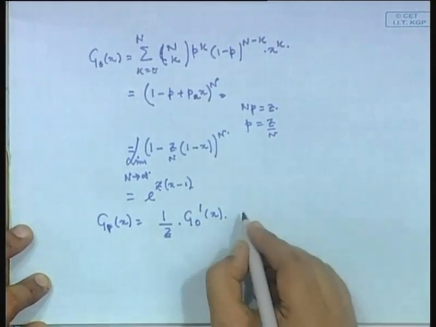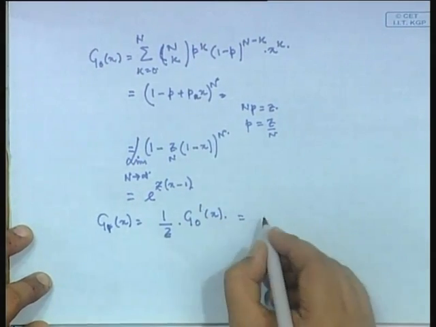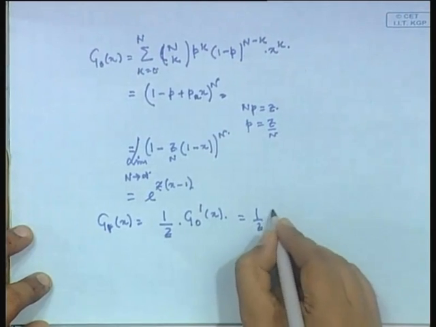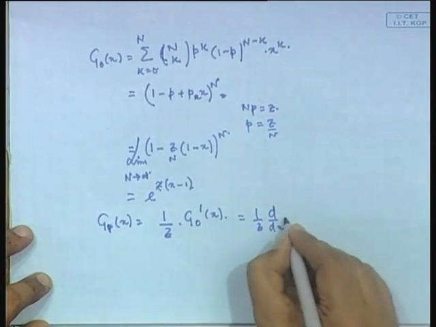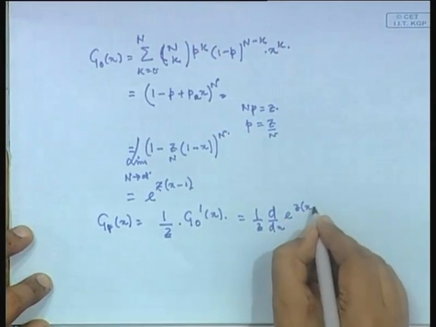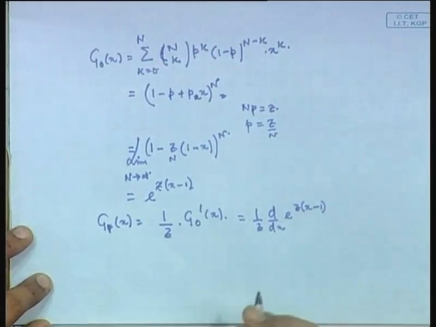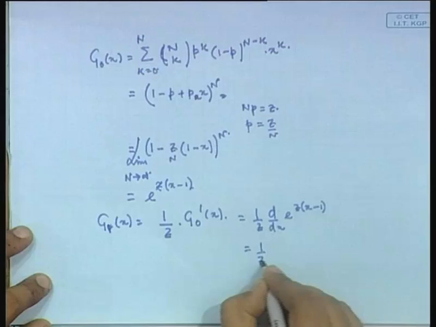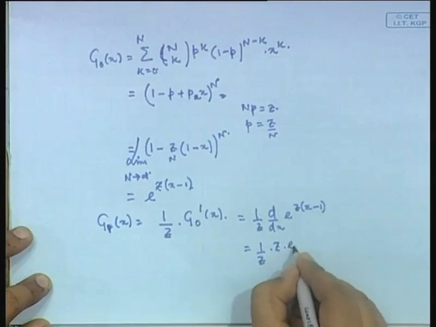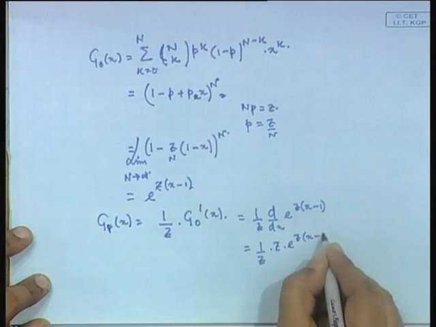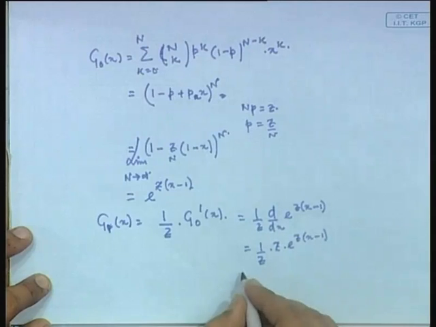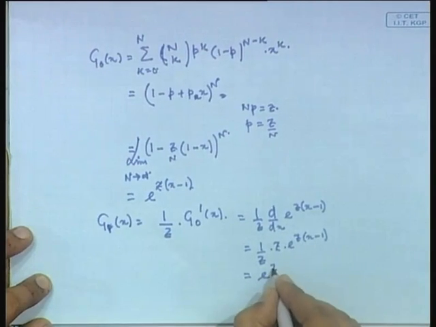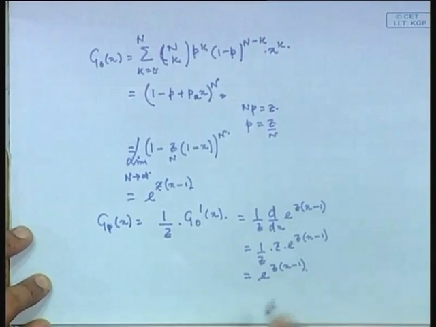So, differentiate this: 1 by z d dx of e to the power z x minus 1. That gives us 1 by z into z into e to the power z x minus 1, and that is again e to the power z x minus 1.